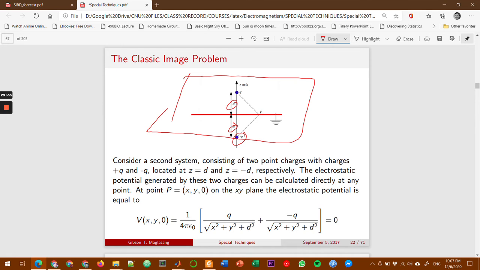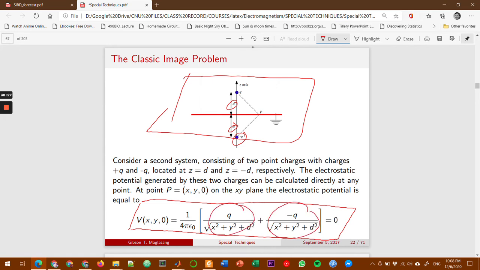So this is a system consisting of two point charges, plus Q and negative Q, located at d and negative d along the z-axis respectively. The electrostatic potential generated by these two charges can be calculated directly at any point. So at the point (x, y, 0), meaning at the xy plane, the electrostatic potential is equal to, well, it's direct. The potential is Q over R, where R is given by the square root of x squared plus y squared plus d squared. This is the one above, and this is the one below, and its potential is 0.